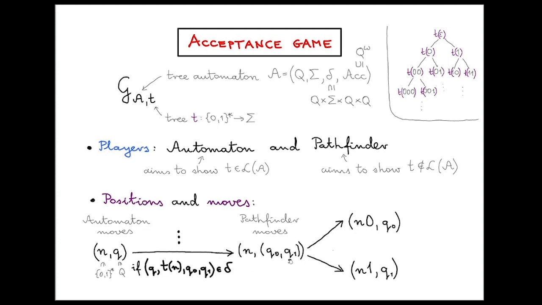Now the pathfinder is going to have a choice of either going to the left by proceeding to node n concatenated with 0, or to the node n concatenated with 1, and then from there try to disprove the claim by the automaton that they can construct a run starting from respectively state q0 and q1.